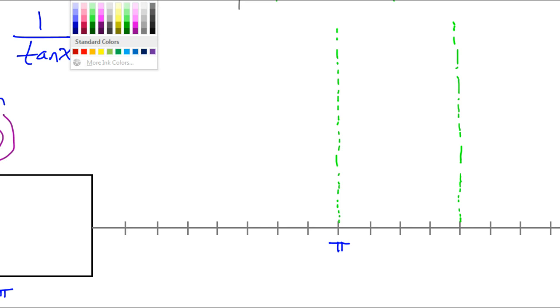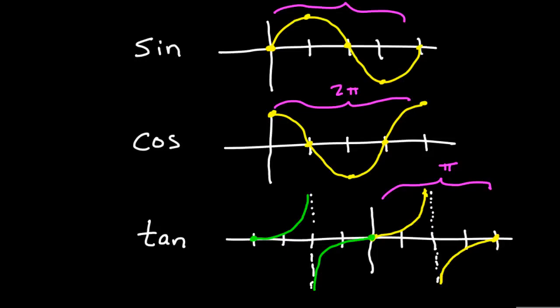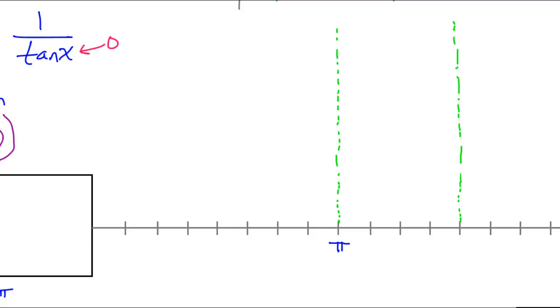Now, however, whereas the tangent function has an asymptote right in the middle of the period, cotangent is just the opposite. We have learned that instead of an asymptote right in the middle, there's going to be an intercept. So that's going to be a point that's on this line.